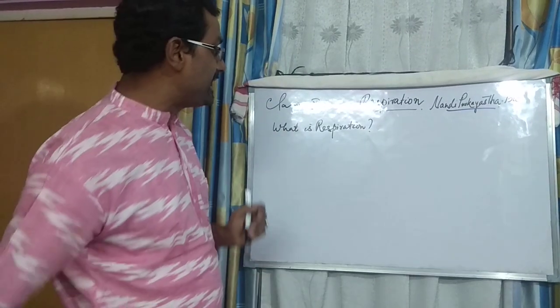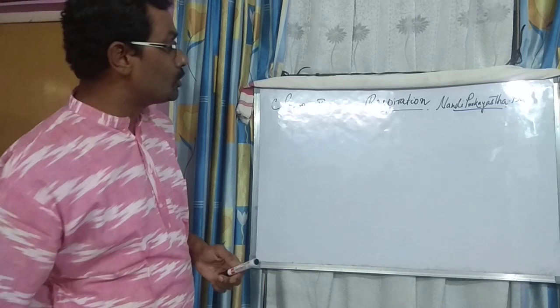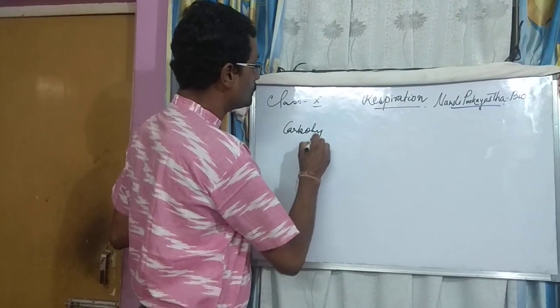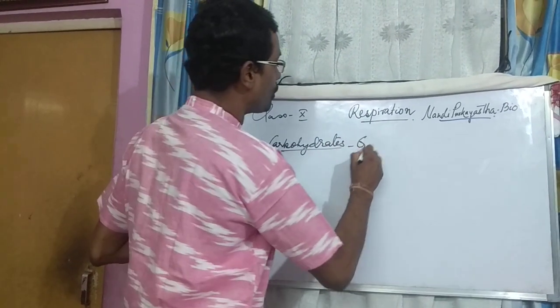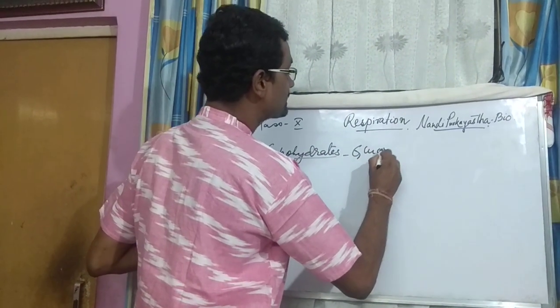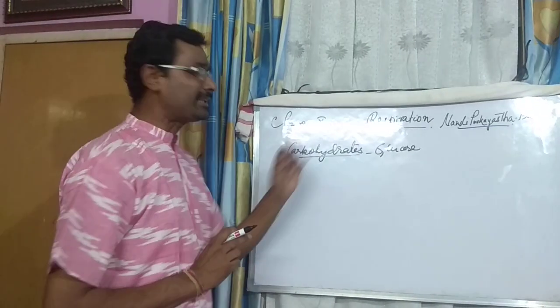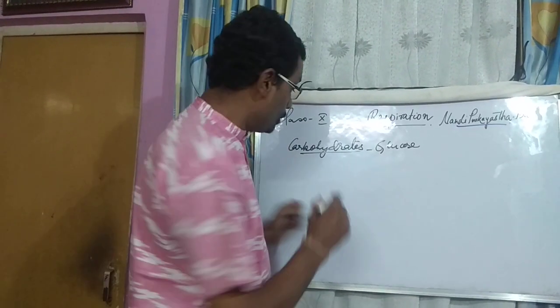Now, we are finding one word that I spoke to you earlier related to carbohydrate, that is glucose. Carbohydrates, what is that? Glucose. This is the simplest of carbohydrates. Now in that glucose, you are finding it needs to be broken down.